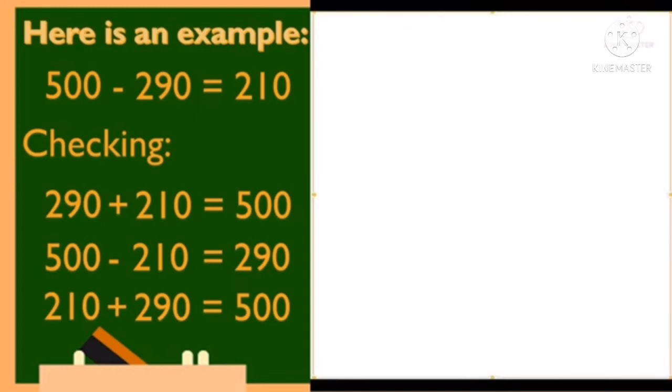So to understand more about this, I will play a video where teacher GP number 2 is giving you other examples. Alright, so these are other examples of the relationship between addition and subtraction.